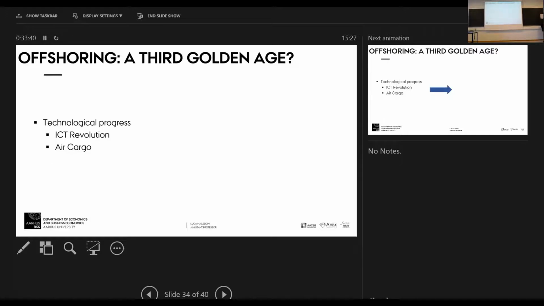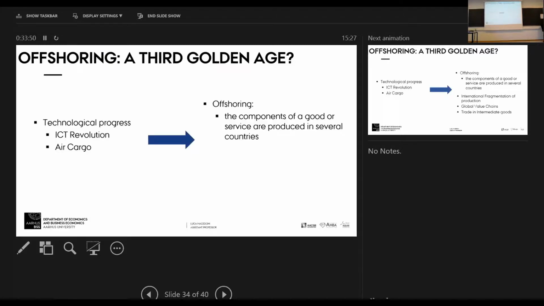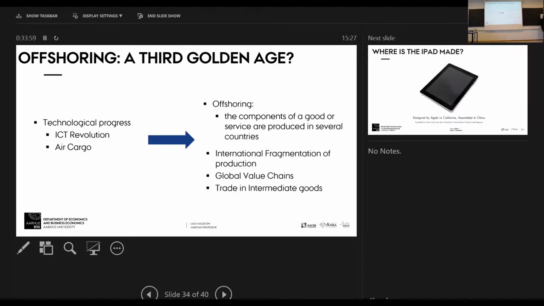Those stocks were basically making you produce everything in the same place. When this is possible, you can fragment your production process. You can offshore part of your production process, your component production, abroad. And that's what offshoring is, basically. And a lot of people say that this offshoring is the third golden age of trade.